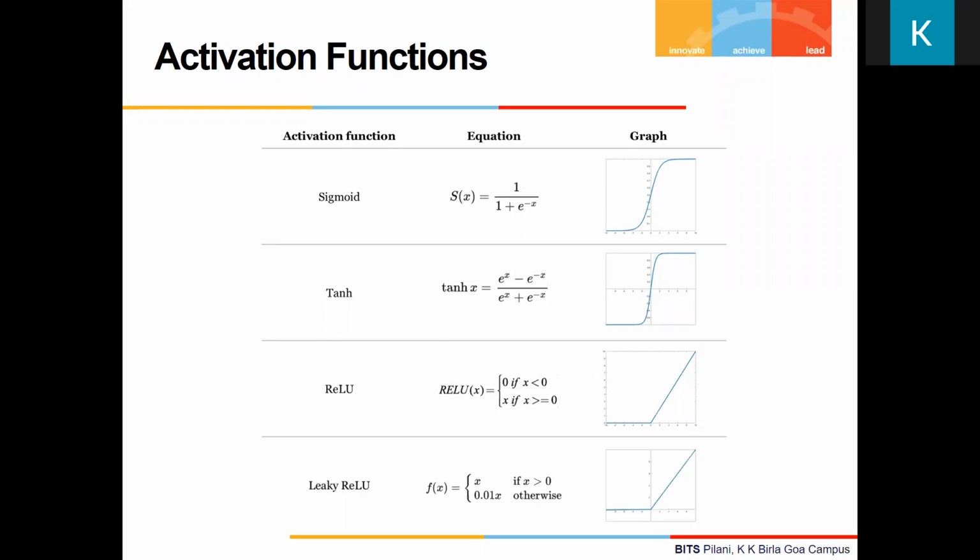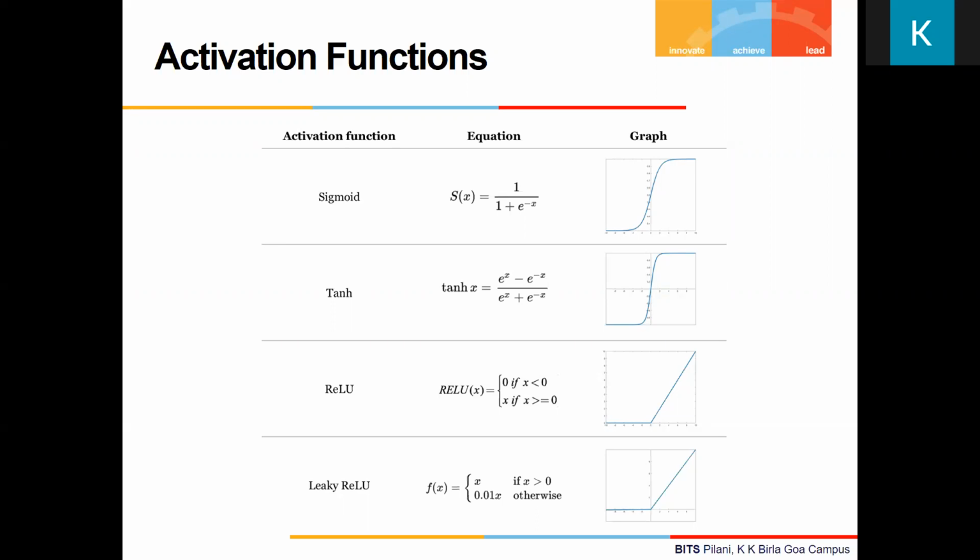That means if the value is greater than, say, 5, output will be high, otherwise output will be low. The performance was not that great, mainly because it was linear. You cannot do a non-linear classification using that kind of activation.